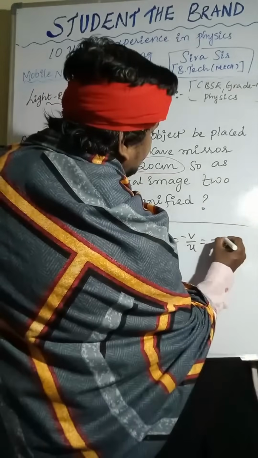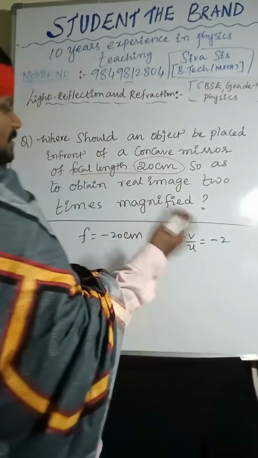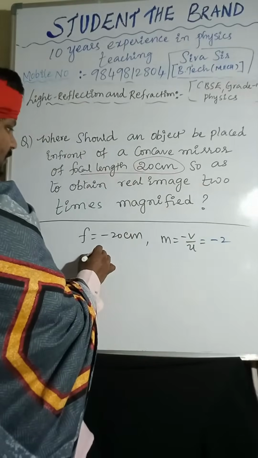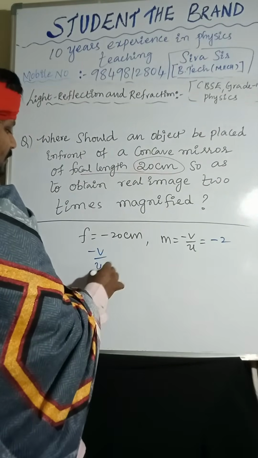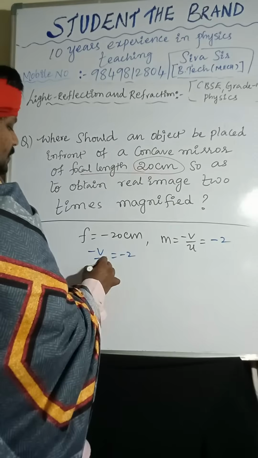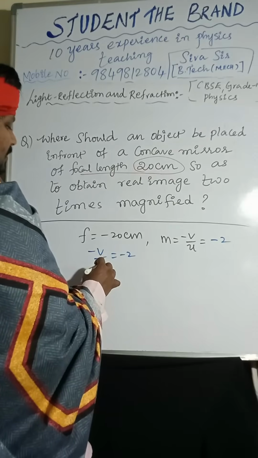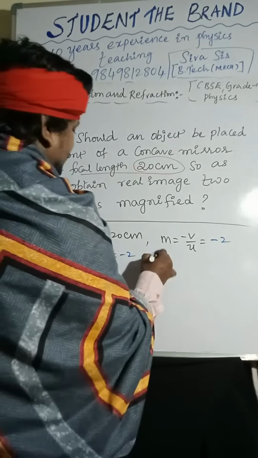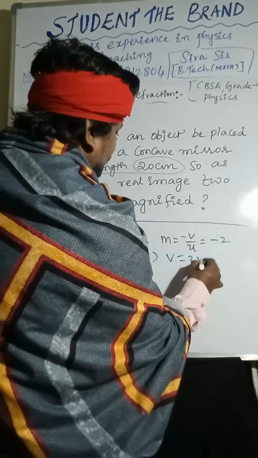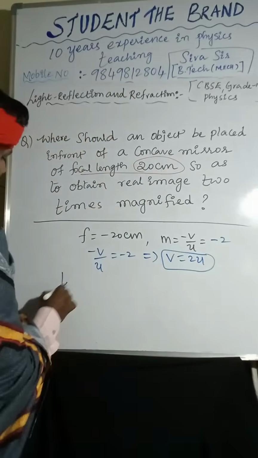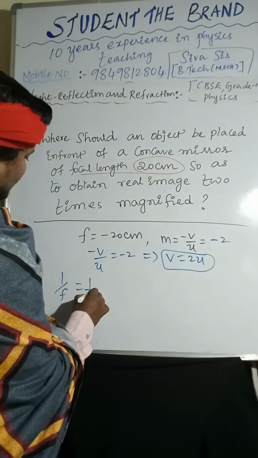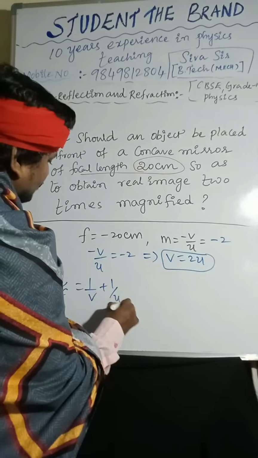Real image means minus you have to take. Virtual image means positive. So minus v by u equals minus 2, so v equals 2u. Now 1 by f equals 1 by v plus 1 by u.